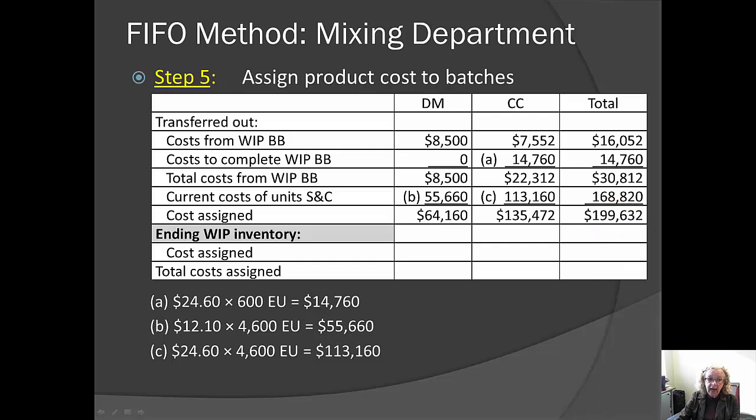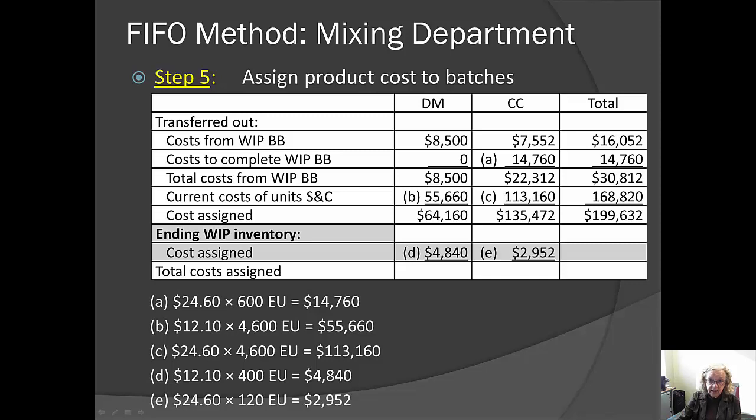Now we can look at our work in process ending inventory. We know that those units represented 400 physical units. Those units must have gotten 100% of their materials because materials are added at the beginning of the process. So we can multiply 400 equivalent units times the cost per unit for materials.